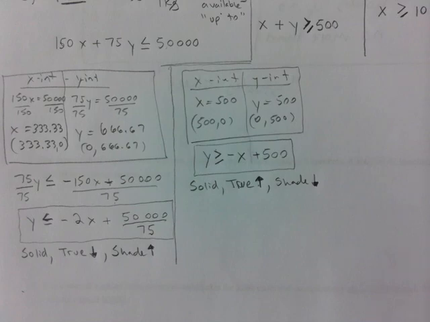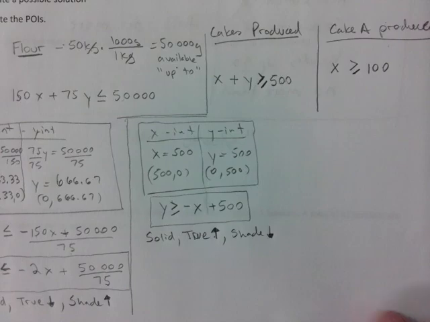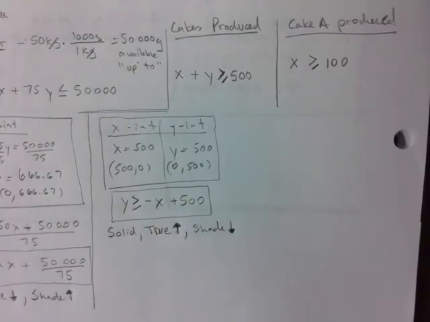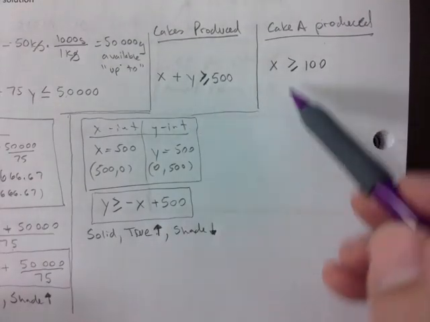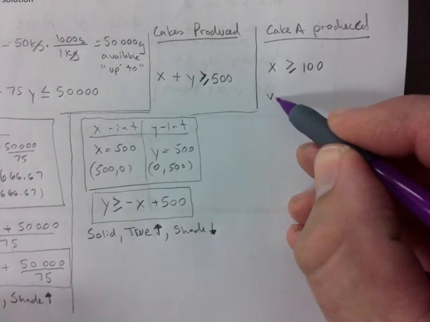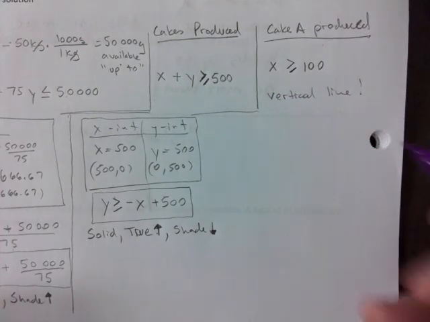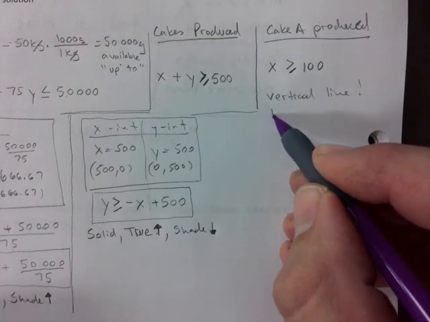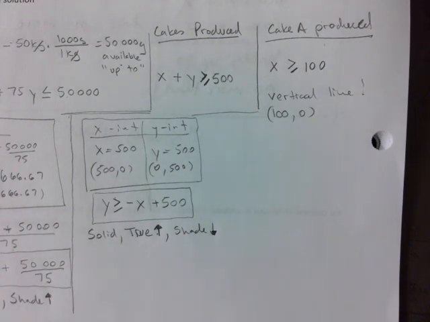Okay, we're done here. One more. I hope you can see everything I'm doing here. So this one here is just a vertical line. The point you're after is this one. It's going to go through (100, 0).